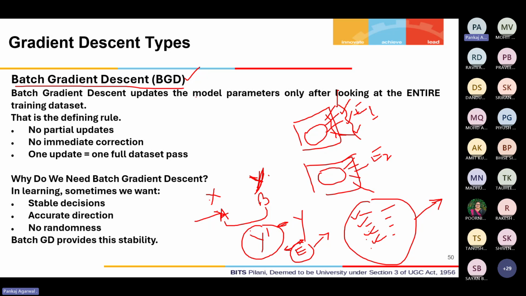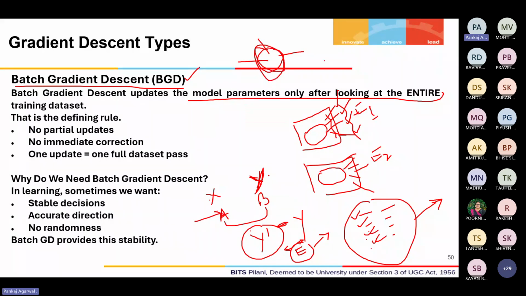So in batch gradient descent, the model parameters are updated only after looking at the entire training data set. In the previous case, suppose I had three data points: I took one data point, then the next, and then the next. Over here, I would look into the entire data set and see what happened.